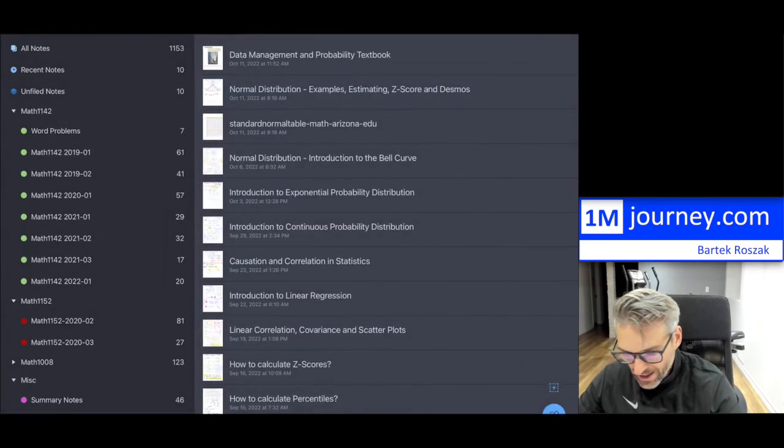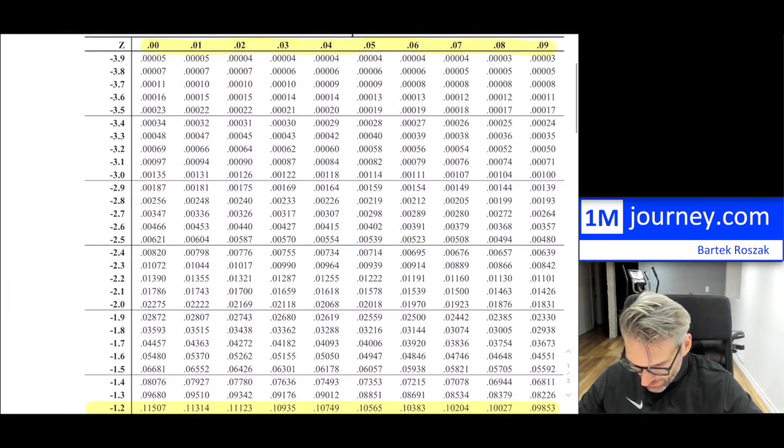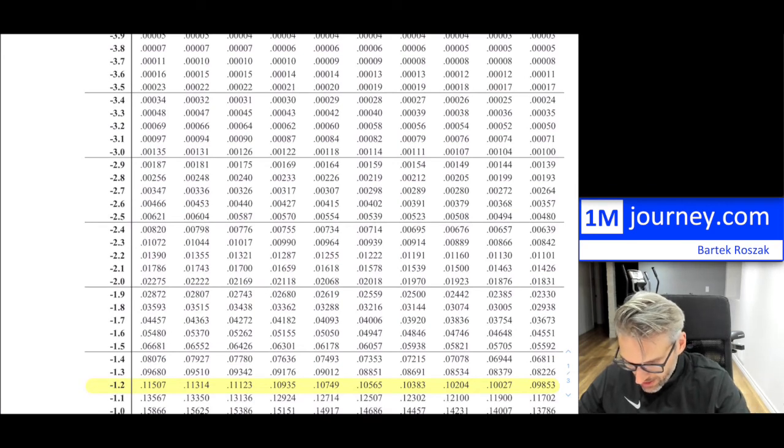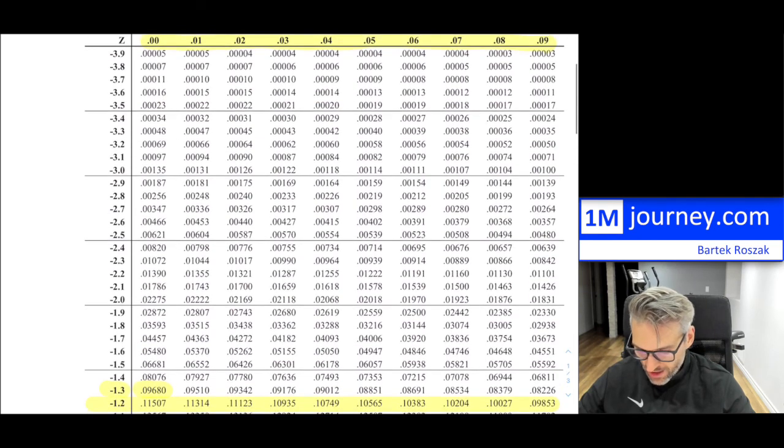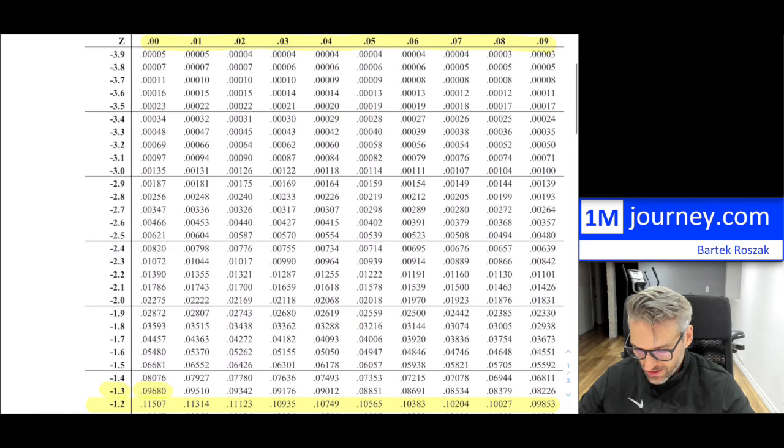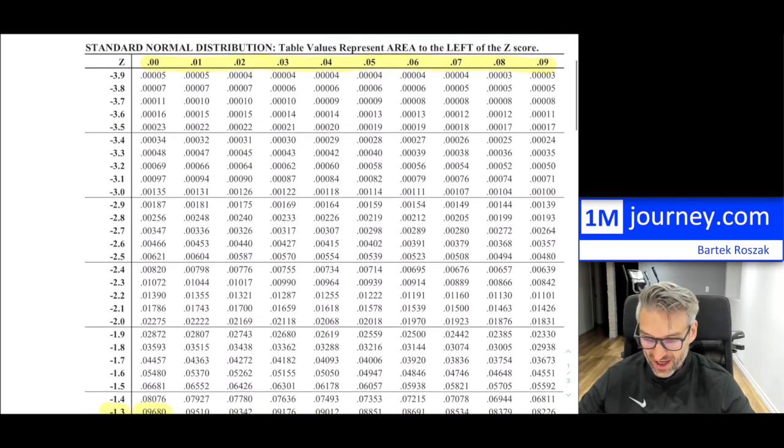So if I do that, negative 1.3 right here, this is going to be our probability for that. So approximately 0.0968, so about 9.68%.